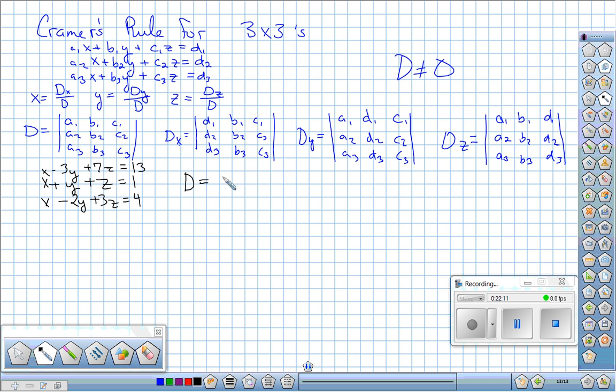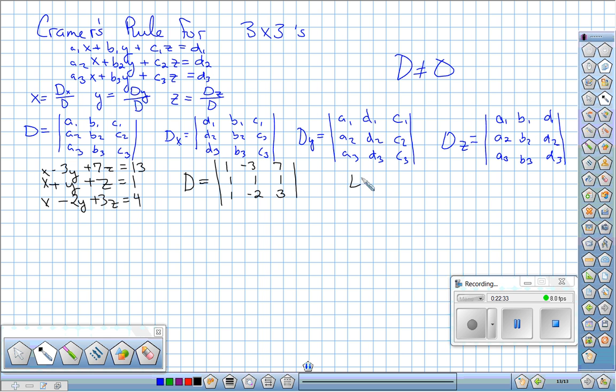Okay, so my determinant is, and basically I just want you to see this next step set up, and then you can do it in your calculator. So D, my plain old D with no subscripts, is 1, negative 3, 7, 1, 1, 1, 1, negative 2, 3.